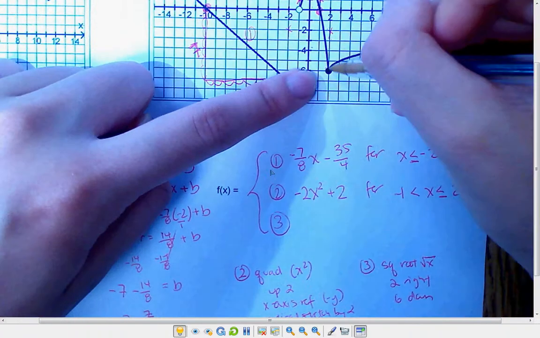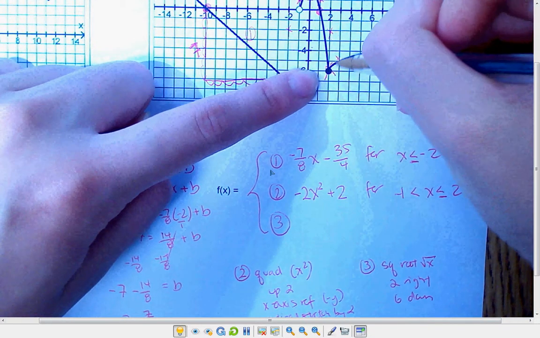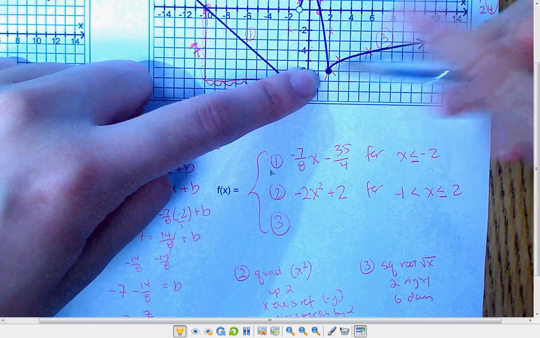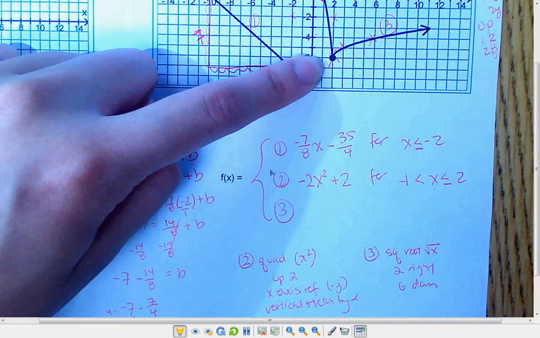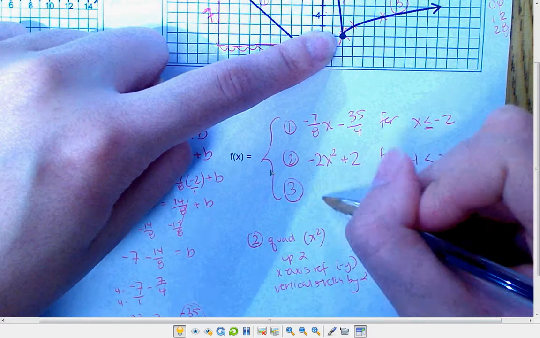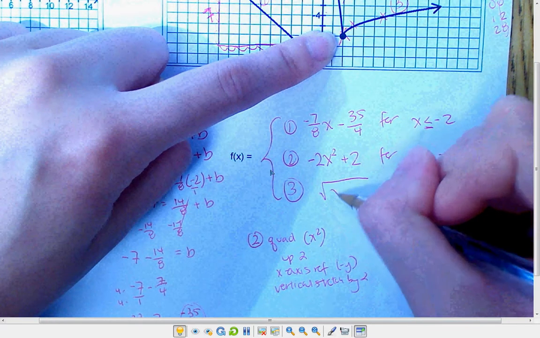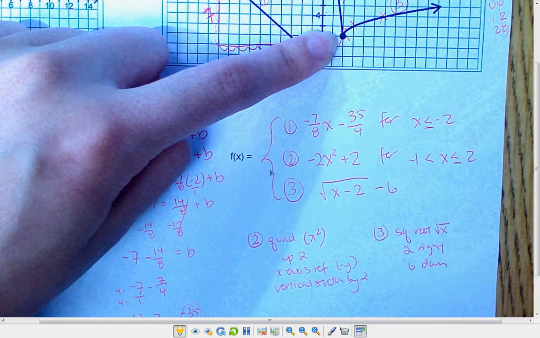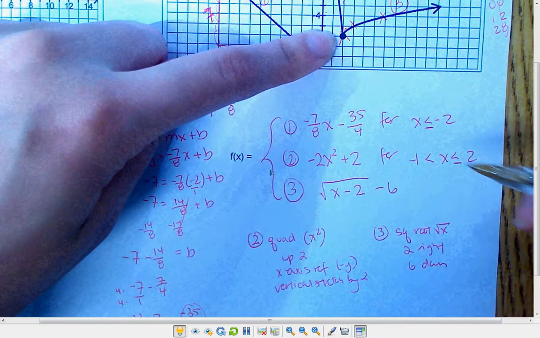And if this is my starting point, my parent function is 1, 1, 4, 2. So it looks like it's exactly on it. So nothing else has happened. It hasn't been reflected. It hasn't been stretched. It's just these two shifts right here. So if it's gone 2 to the right, we're going to say -2 inside, 6 down, -6 on the outside. This is my function for number 3.